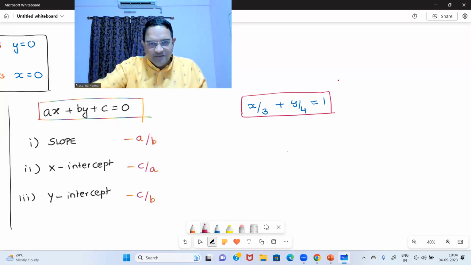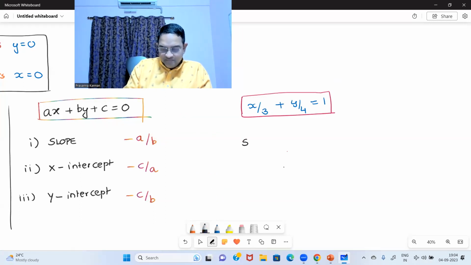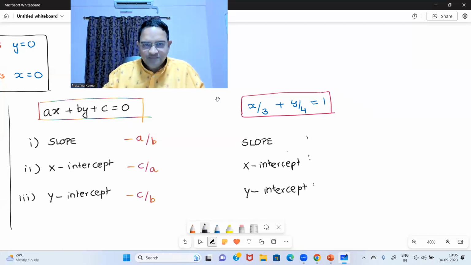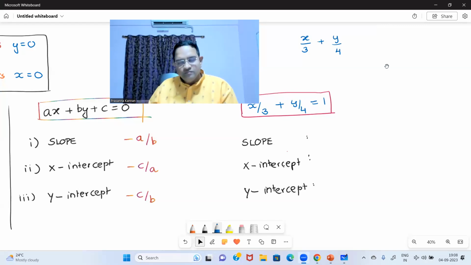Now tell me what is the slope of this line? What is the x-intercept? What is the y-intercept? Quick, come on. Work for you now. The answer that Roshni got is perfect.